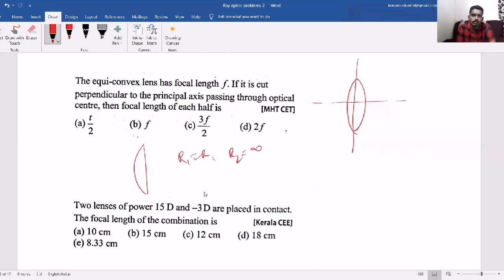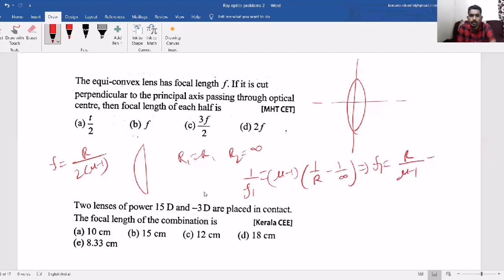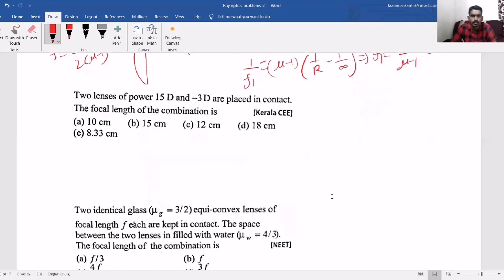If you consider the initial focal length, it will become R by 2 into mu minus 1. But if you consider this one, 1 by F1 equals mu minus 1 into 1 by R minus 1 by infinity, which implies F1 will become R by mu minus 1, that is 2 times F. So the focal length will become double for each of them.